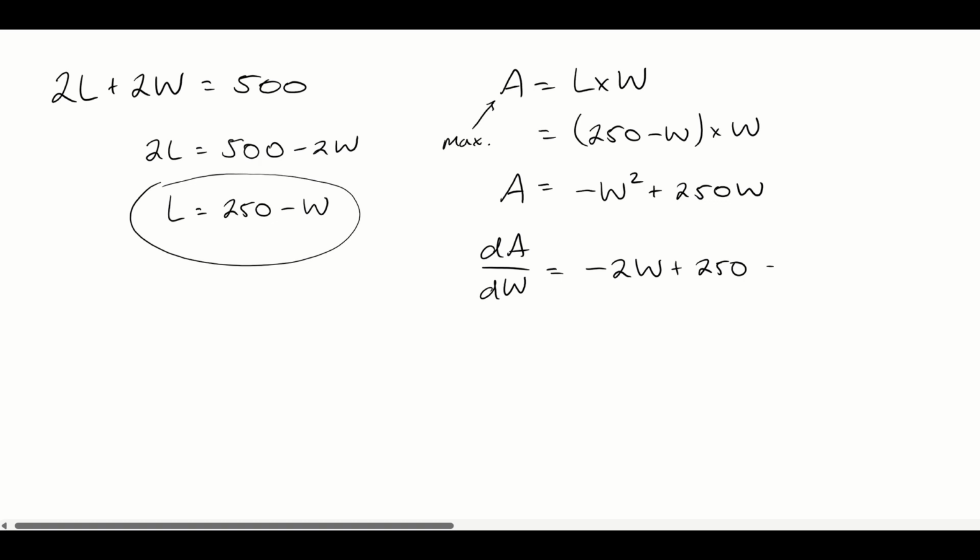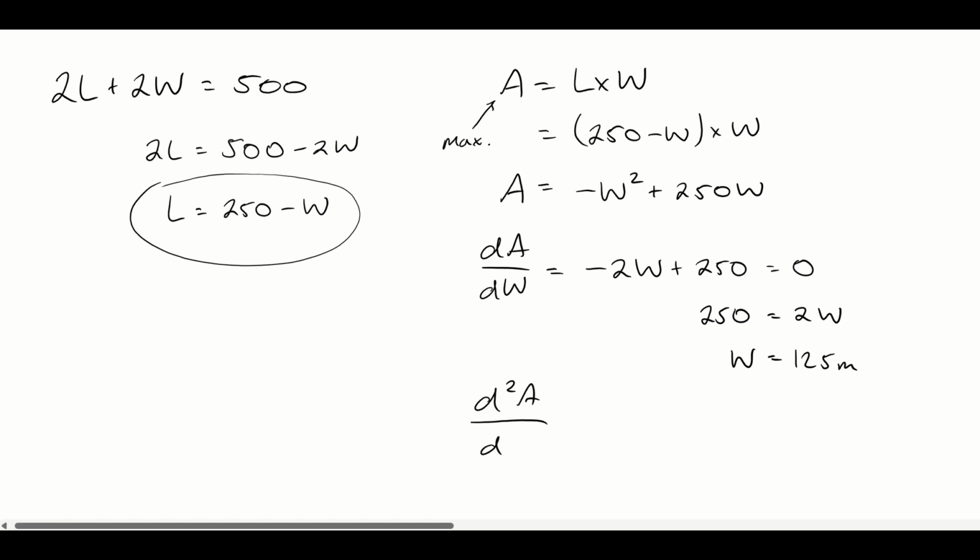And I want to know when that is equal to 0 because that's going to give me any critical points. And if I solve this, so we add 2W to both sides, we soon see that W is equal to 125 meters.